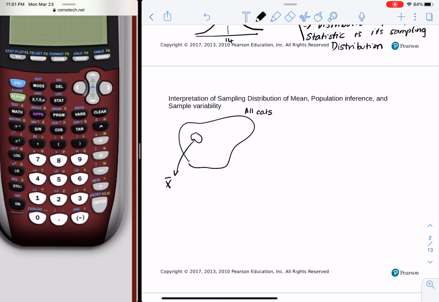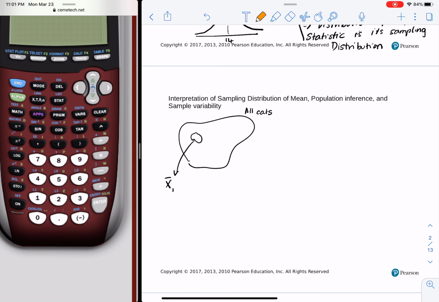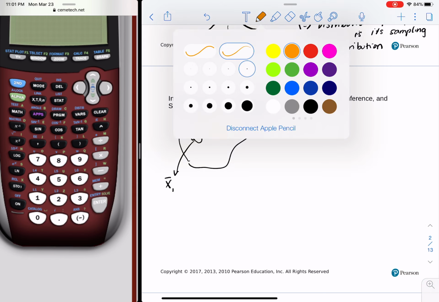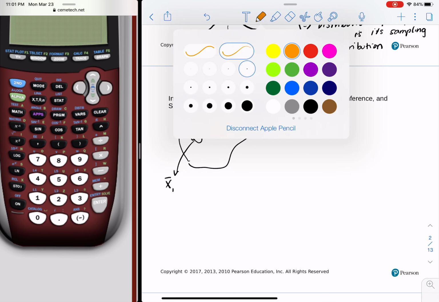Let's just call it x1 bar. If I went on to collect another sample, it is not going to give us the exact same average as the previous one.